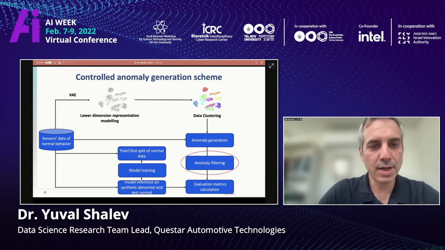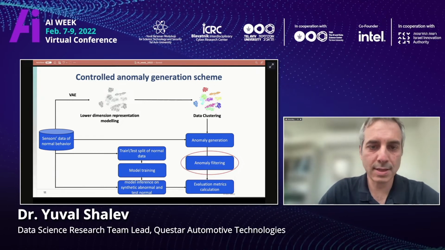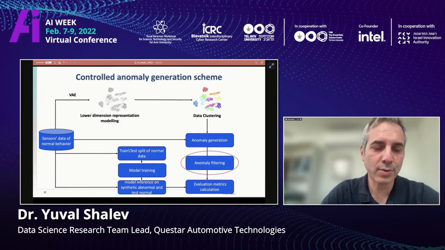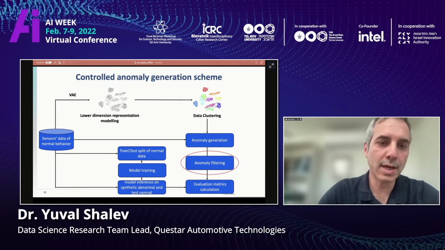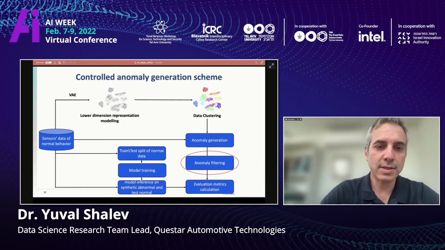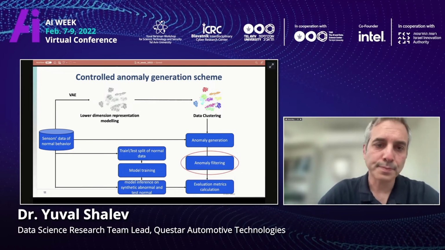So we get a lot of them, sampled with high frequency. We get those time series and we ingest them into a variational autoencoder.